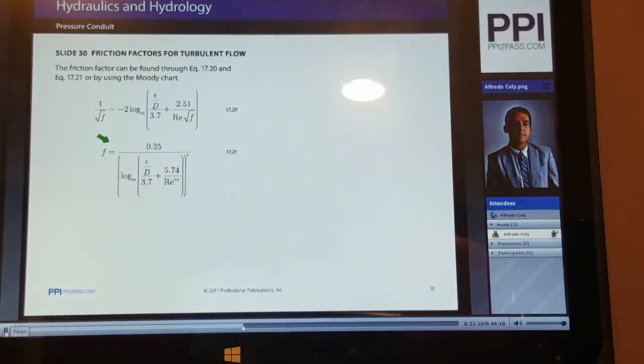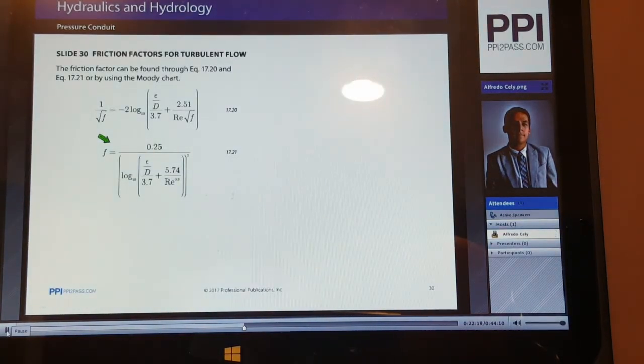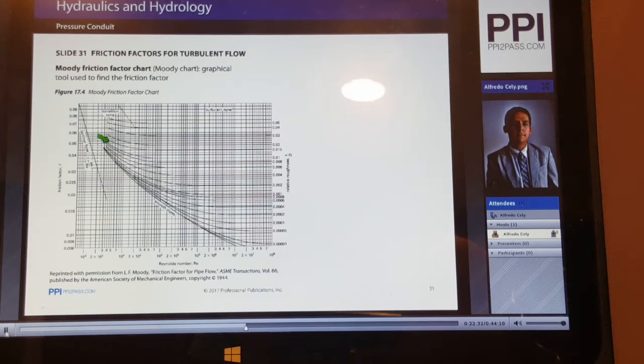In addition to these equations for both laminar and turbulent flow, there's a diagram or a nomograph that you can use to solve for the Darcy friction factor for circular pipes, and that is known as the Moody friction factor chart or the Moody chart, which is a graphical tool that you can use to find the friction factor.